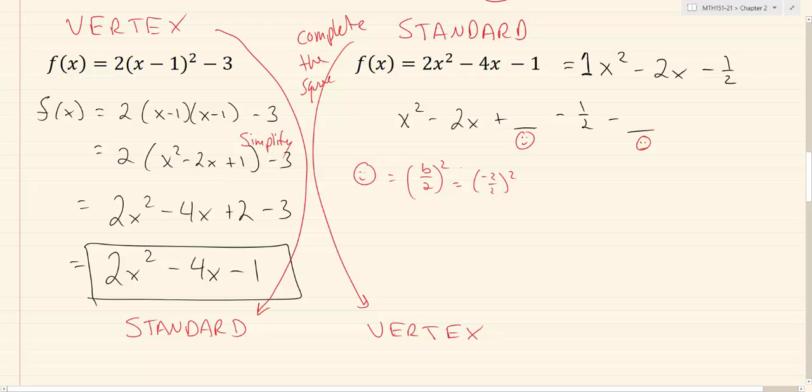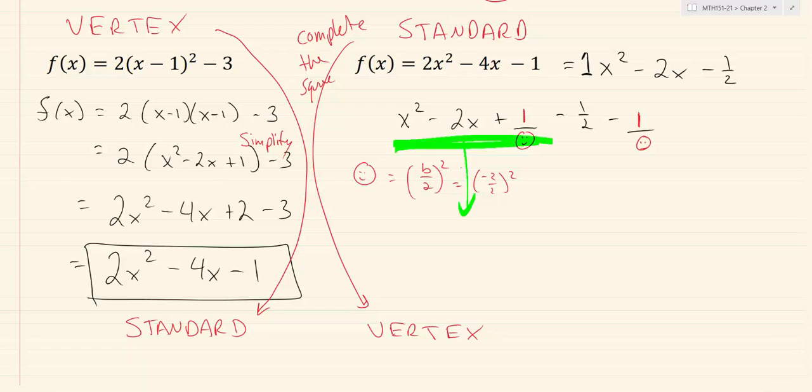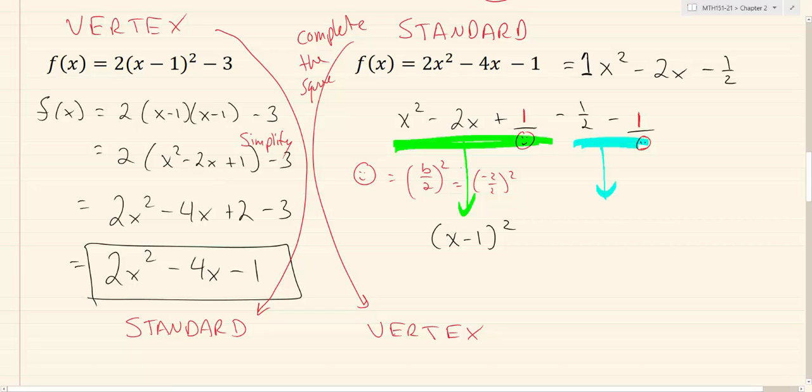So we're going to add 1 to this side, and we're going to subtract 1 to this side. And now, these first 3 terms become a perfect square. They become (x minus 1) squared. And then these two, you just put them together, and that's negative 1/2 minus 1, which is negative 1 1/2, which is negative 3/2.